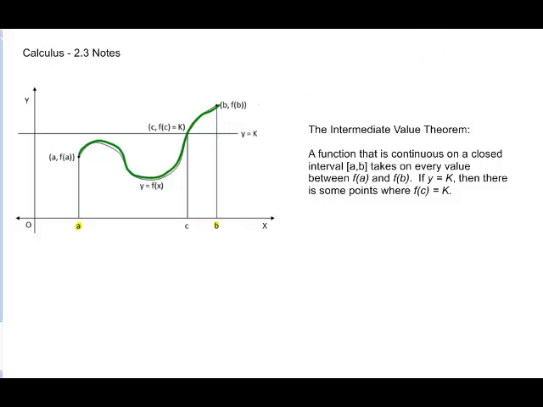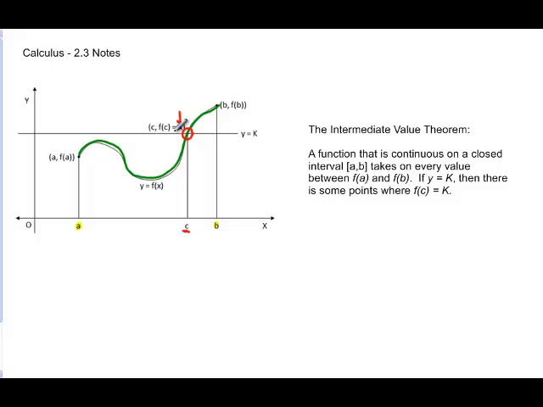So what the intermediate value theorem says is that there's some random point in there that is going to be equal to k. When I put some value in, I get a y value out.